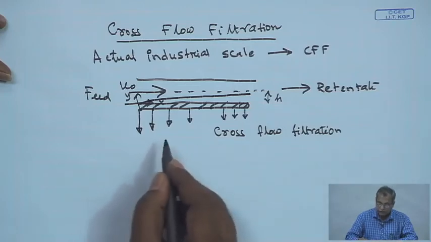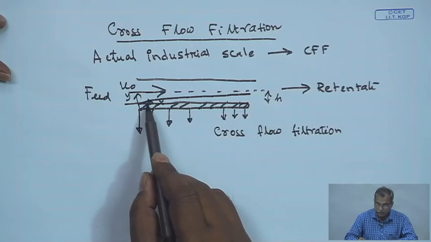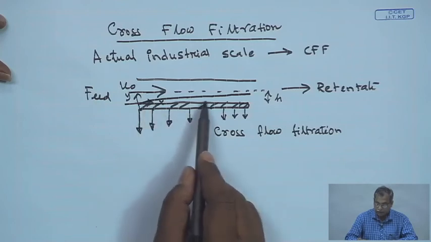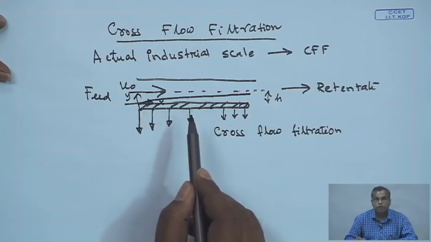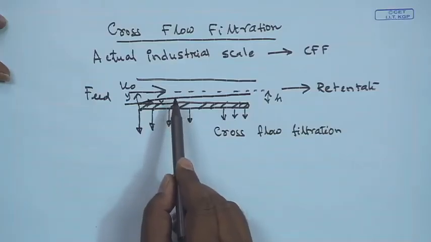Therefore, in this cross flow filtration, what is the advantage? The advantage is we are not allowing the mass transfer boundary layer to grow unlimited. The growth of the mass transfer boundary layer is limited or arrested by the forced convection caused by the velocity of the feed in the channel.